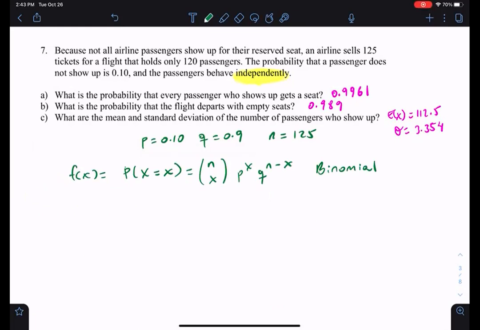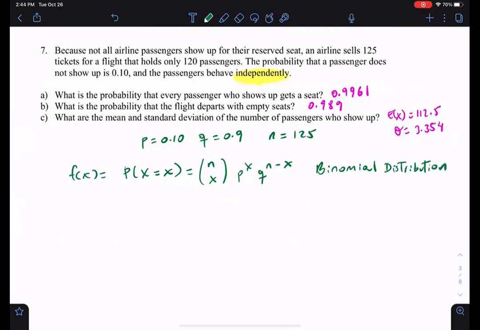That means the probability of one passenger not showing up does not affect the probability of the other passengers showing or not showing up. The probability is fixed at 0.10, and it's a Bernoulli trial, either success or failure. So this is a binomial distribution.